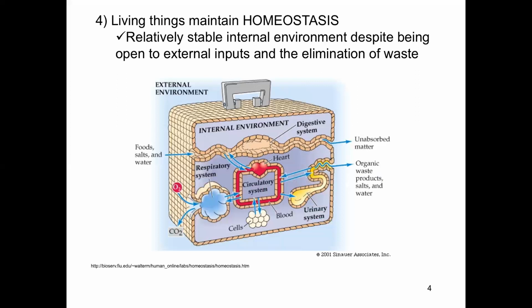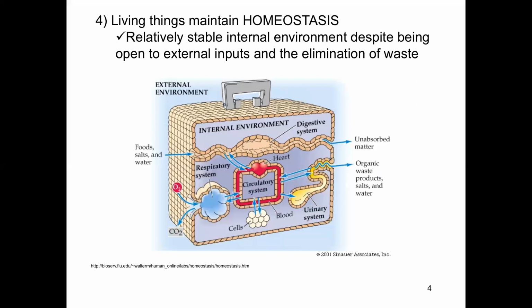And the reason that this is so remarkable in living things is that living things are open systems, and that's what I'm showing you here, okay? We have an outer covering, right? Even a single-celled organism has an outer covering, but it needs to take in food and water and salts, everything it needs from the environment, so it's open, it takes it in, and it also gets rid of its waste, okay?